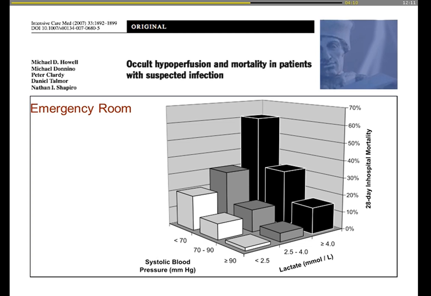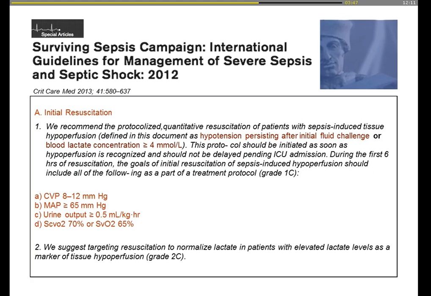We redid this study in the ICU. Tim Janssen did this study, and we found exactly the same. So the indicator that is at least related to metabolism is much more predictive than a global hemodynamic. So global hemodynamics are not very good indicators or parameters of the efficiency of your fluid resuscitation.